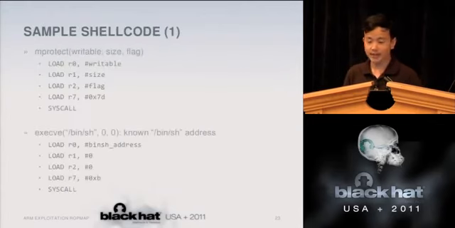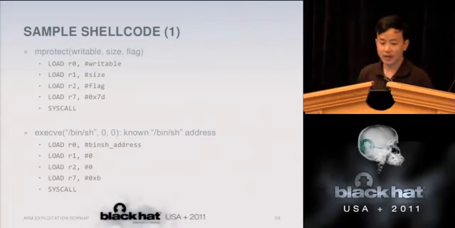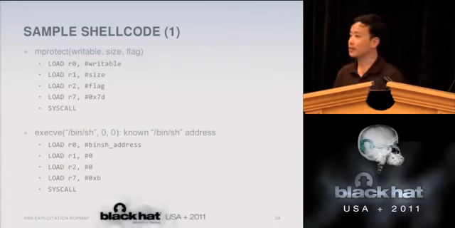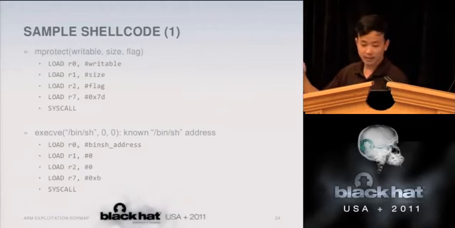Now, how to write shellcode in our defined intermediate language. Here we have some simple shellcode. For example, ARM mprotect: we call memory protect on the writable address with the size and with the flag.